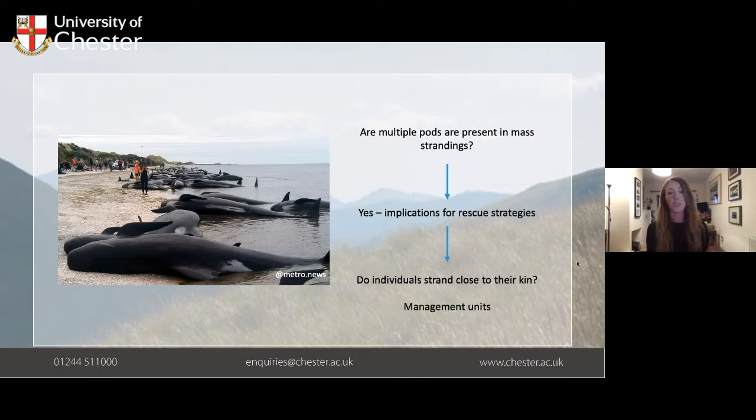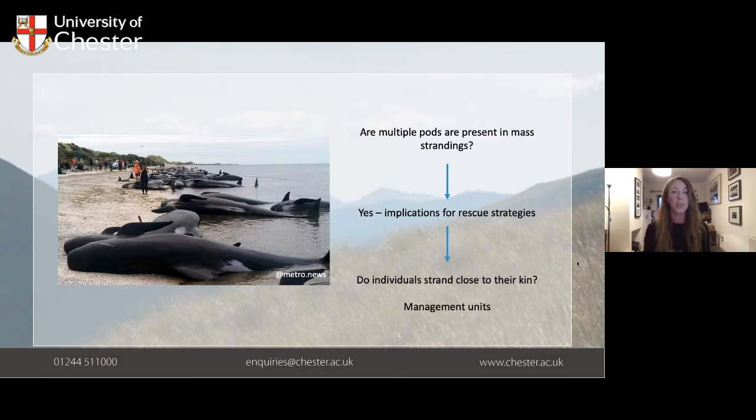Current rescue strategies state that they try and refloat together individuals that are close geographically, because they suggest that they might be close in terms of family relationships, and that if you refloat a whole family, they then won't restrand. And we actually want to test this. We want to know, are those calves actually stranded next to their mothers, for instance? And that will have implications for how they carry out these refloatings, with the aim to make them more successful.